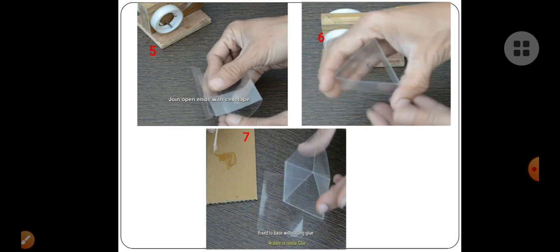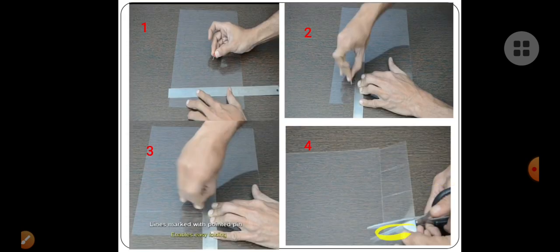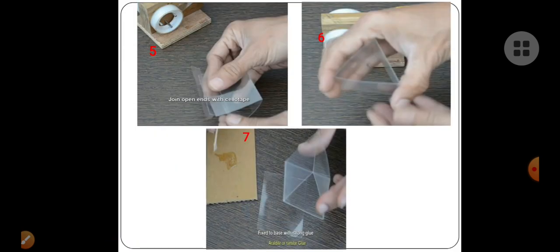Now one end of this prism is fixed with that fourth part of this sheet, which we have separated from these 3, and we fix it with the help of a glue gun or sellotape or some other adhesive material. In this way, we get this prism which is made up of plastic sheet.